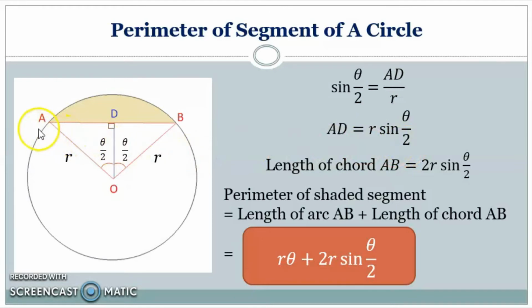Since the length of the chord AB is twice the length of AD, the length of chord AB is equal to 2R sine theta over 2. Subsequently, the perimeter of the shaded segment can be calculated by adding the length of arc AB with the length of chord AB. This gives us R theta plus 2R sine theta over 2.